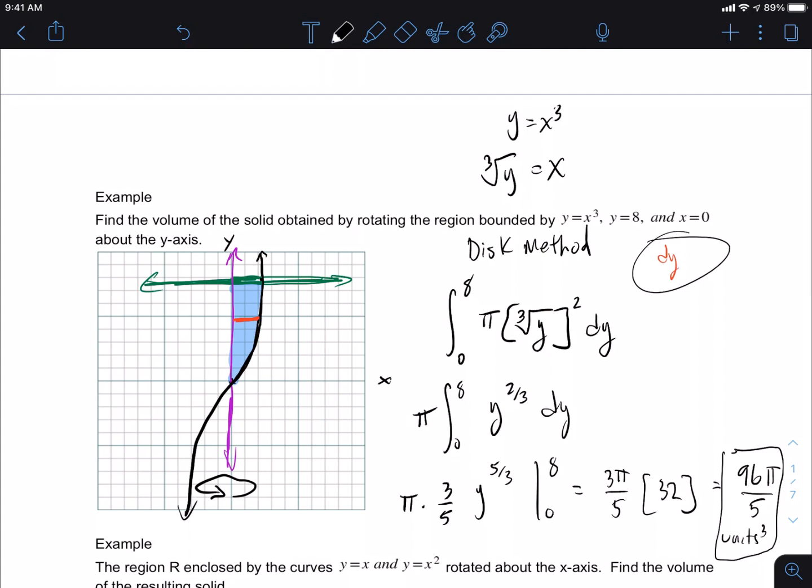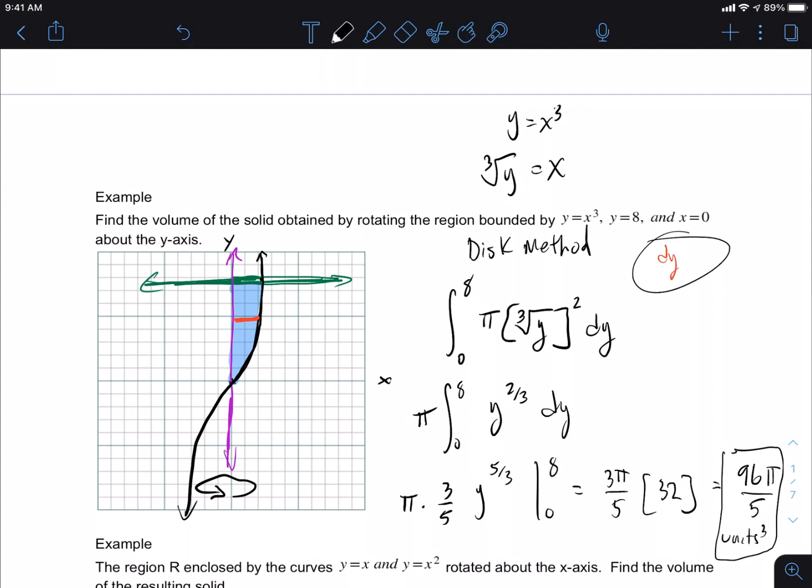Oh, yeah. So I know that in 6.1, there were some where we set them equal to each other to find the bounds, like if it's the two y's. So we don't need to do that this time because we can just tell that it's a y problem. Like how do we? We haven't gotten there yet, my friend. You're jumping the gun. Okay.